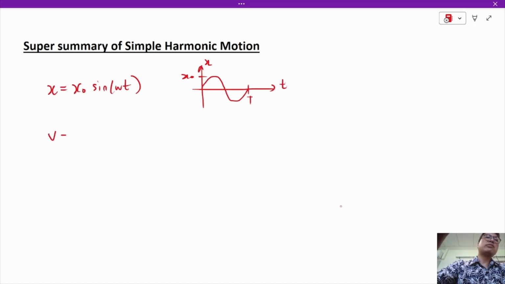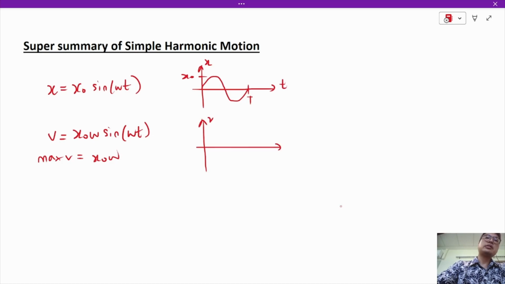The velocity graph is obtained by differentiating the displacement graph, with the maximum velocity equal to x naught omega. So over here, we'll write down v, and this is t. Sorry, the sine changes into a cosine, right? So then we draw a cosine graph, and the maximum value is given by x naught omega.